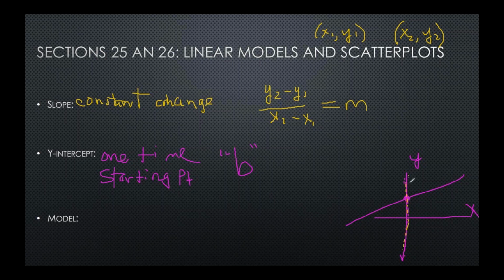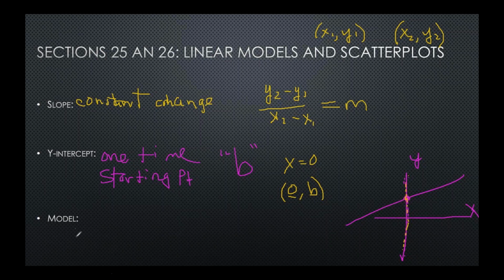So the x value for any y-intercept has to be 0. So the ordered pair would be (0, b), where b is the actual y value of the y-intercept. So when you're looking at ordered pairs and trying to figure out which one is your y-intercept, it's whatever has an x value of 0. That's how you know where your y-intercept is.